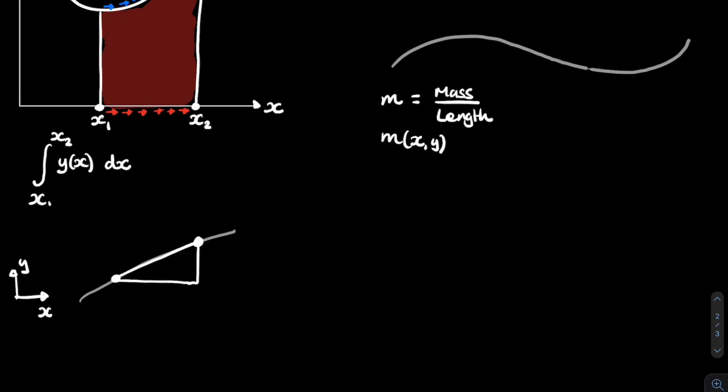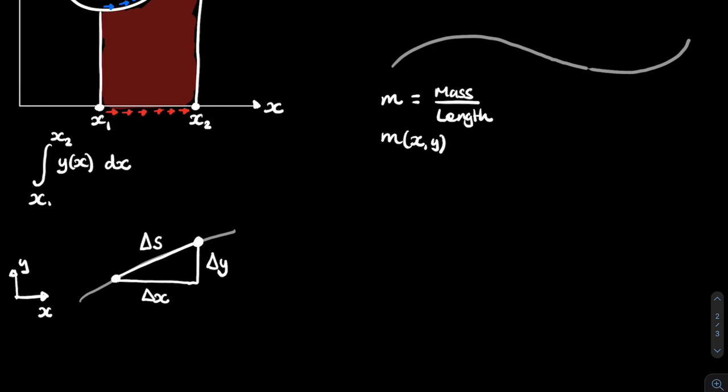If you zoom up infinitely close, it will be straight. And we're going to call this delta S right here. So the actual distance along the curve is delta S. But along this line right here, well, this is just parallel to the x-axis, so this is going to be some very small change in x, and this distance right up here is going to be a change in y.